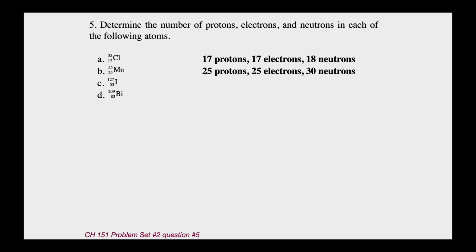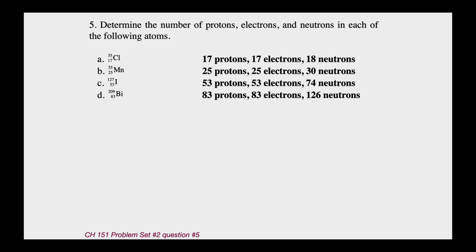So 25 protons, 25 electrons, 30 neutrons. And the same thing for the next one: 53 protons and electrons, and 127 minus 53, or 74 neutrons. And the last one, the bismuth, would have 83 protons, 83 electrons, 209 minus 83, 126. I didn't know that one off the top of my head. Anyway, 126 neutrons in that system.